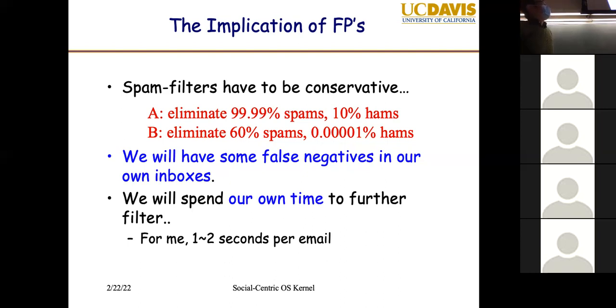That 10% is false positive. Sorry, I misspoke earlier. False positive is saying that it is not a spam, but you treat it as a spam. False negative is saying that it is a spam, but you treat it as a good email. So essentially what we're saying is that in the product we desire to have, the false positive has to be really low.